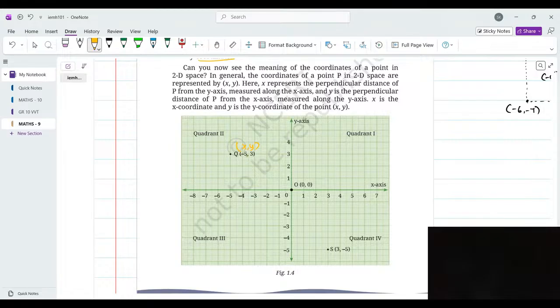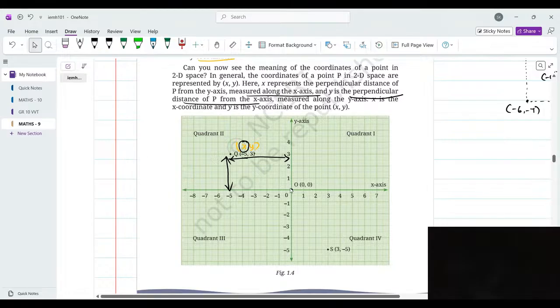Here the x coordinate is nothing but the perpendicular distance, -5, from the y-axis. Same way, the y coordinate is going to be the perpendicular distance from the x-axis. It is at a distance of 3 units. So the x coordinate is the perpendicular distance from the y-axis and the y coordinate is the perpendicular distance from the x-axis.